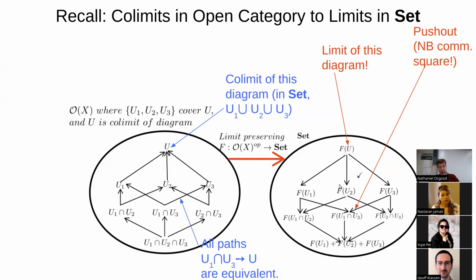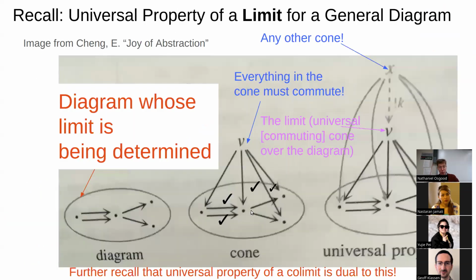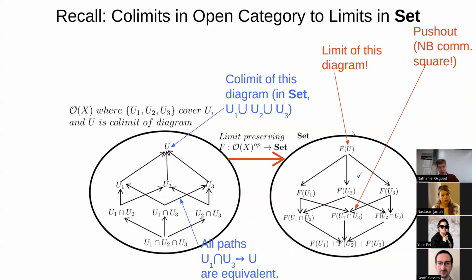So I want you to unpack this. The fact that this is limit preserving and the fact that this is a colimit, therefore in O of X op it's a limit, means that it gets mapped to something that's a limit here. What does it mean for it to be a limit here? We just talked through what a limit is. This is the apex up here. That's what f of U is. What does it mean that this is a limit? It means that all these paths beneath it commute, which is exactly what's implied here, because any functor has to honor composition, and so all of these must commute here.